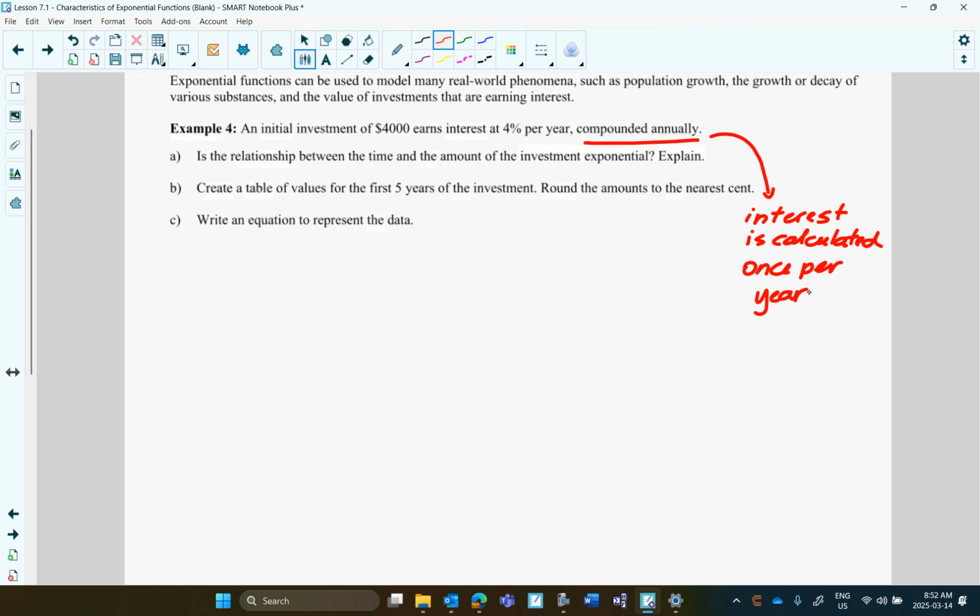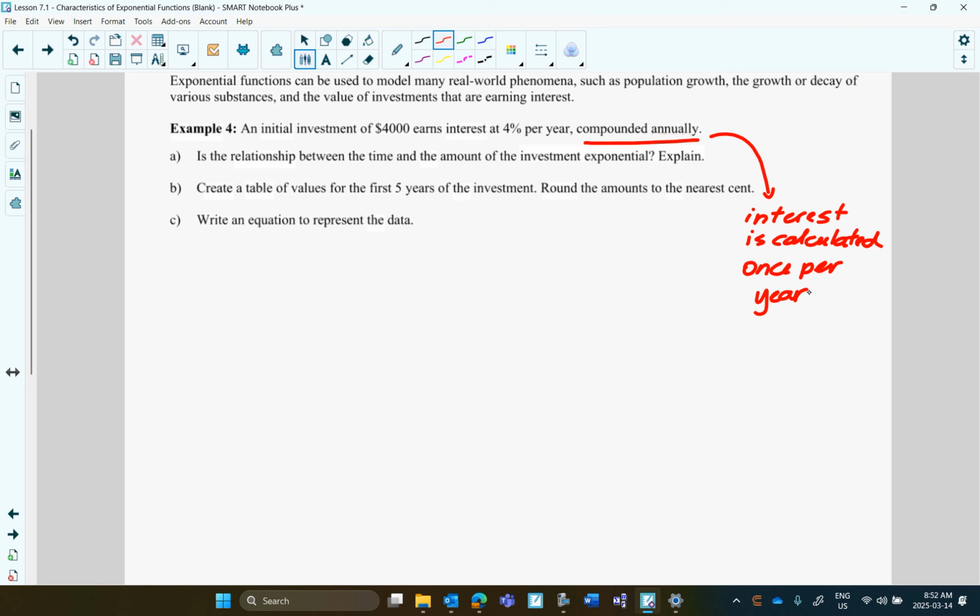We want to see what this investment is going to be worth after 5 years. So you've got $4,000 you want to invest. You're going to leave it alone for 5 years and not touch that amount, only at the end of 5 years unless you decide to reinvest. So what is it going to look like?